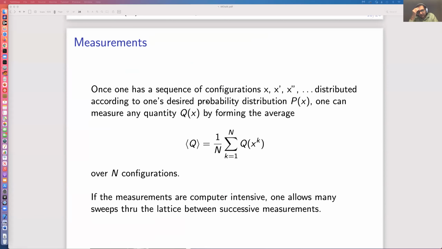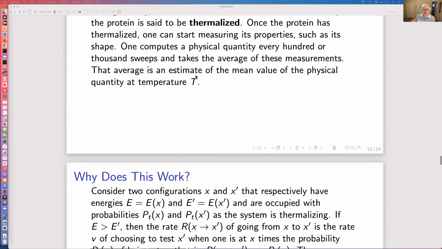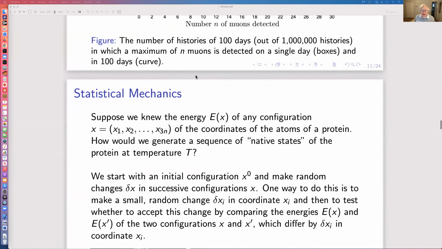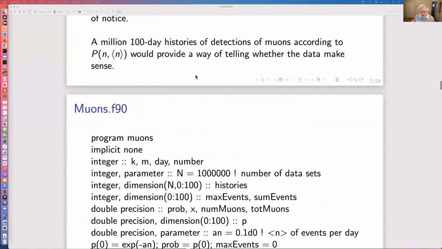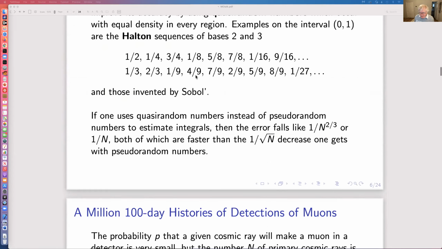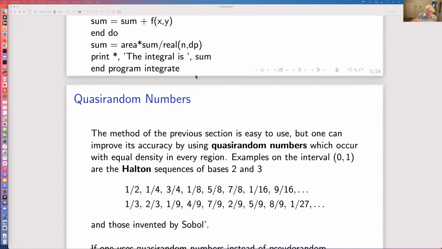That has to do with how a quasi-random number is different from a pseudo-random number. I understand a pseudo-random number uses a particular sequence. The difference is that pseudo-random numbers are not really random, but they try to be.